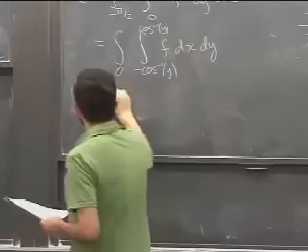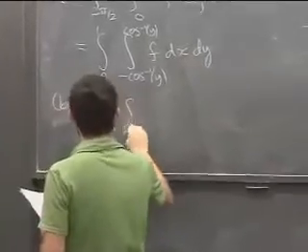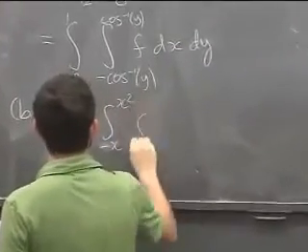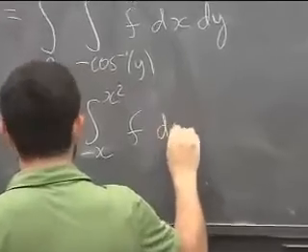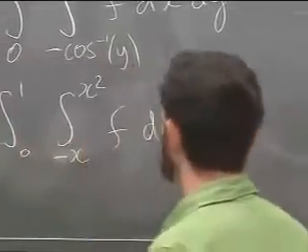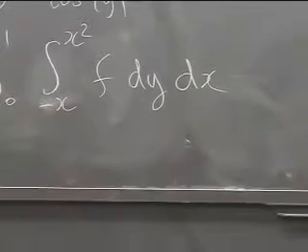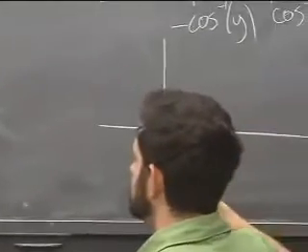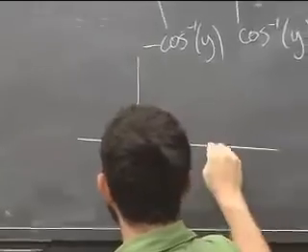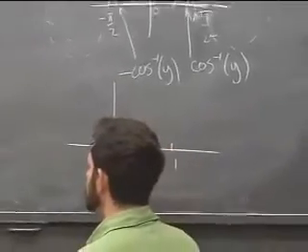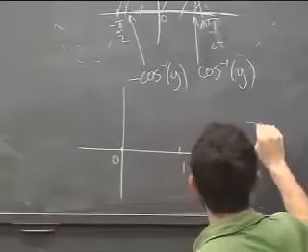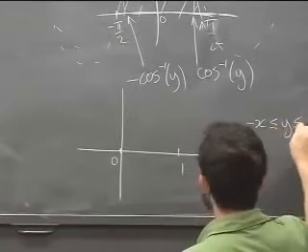How about this one? Go from 0 to 1, and from minus x up to x squared. Well, let's draw it. The x range is from 0 to 1. The y goes between minus x and x squared.